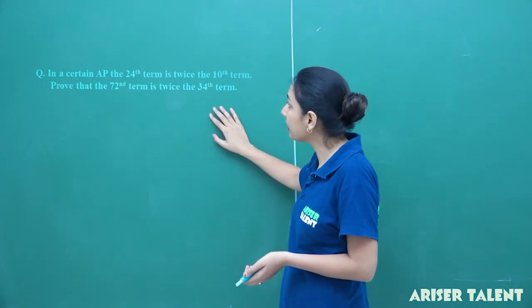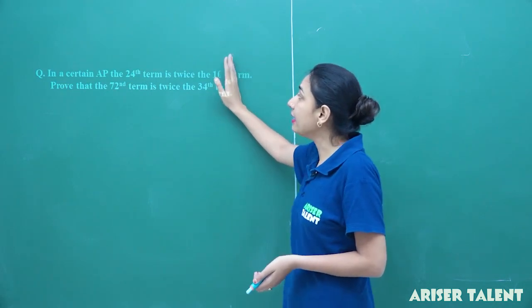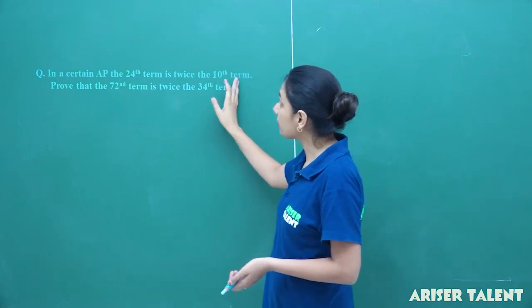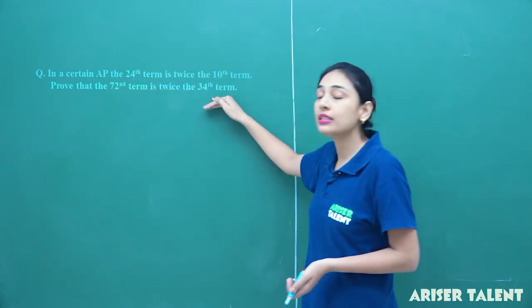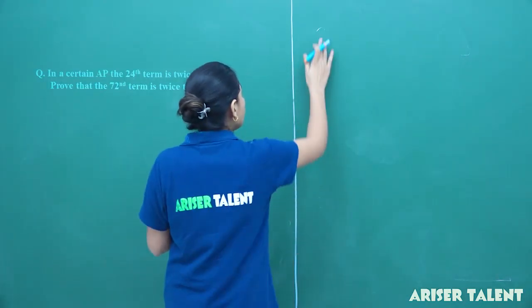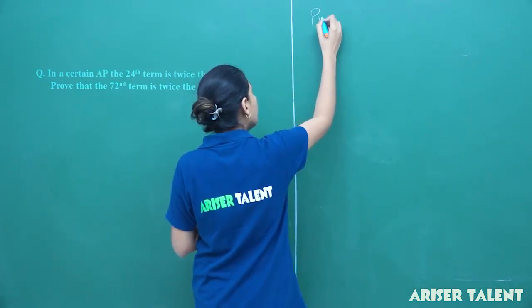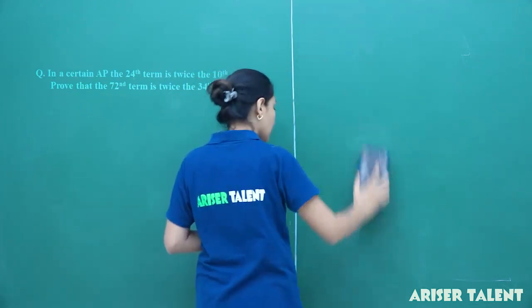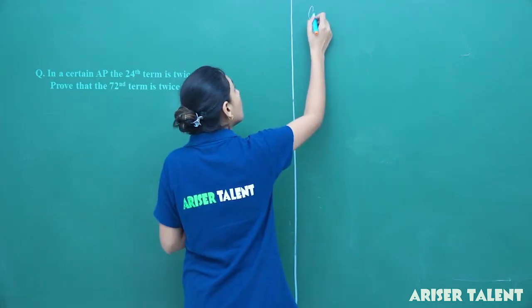So what it's basically saying is, it's telling you some first equation and asking you to prove this second equation. Now, for the proof, we just want to know what is given and what is to prove.